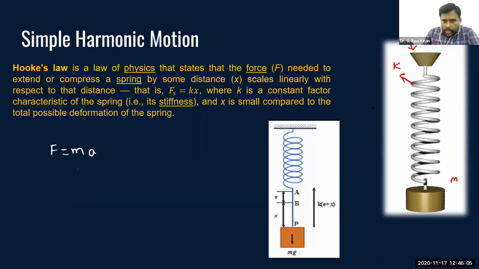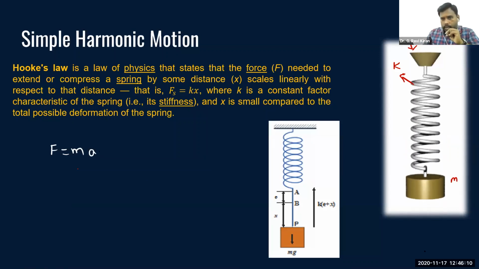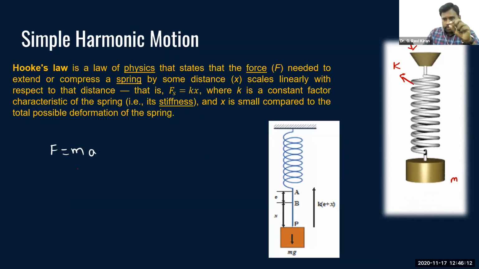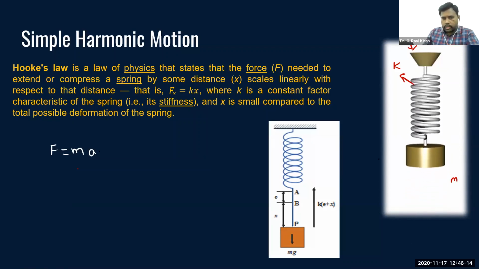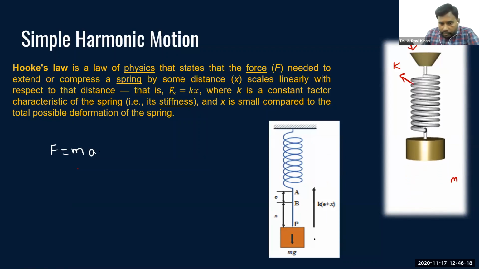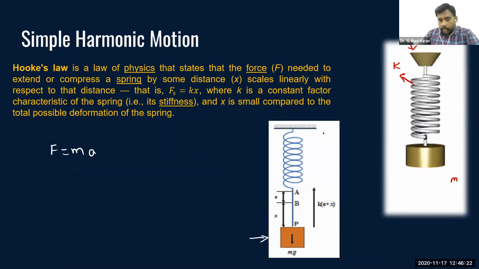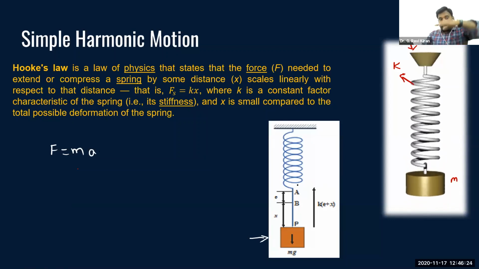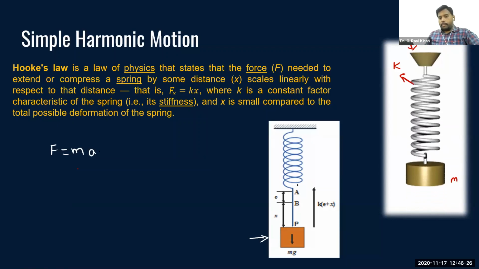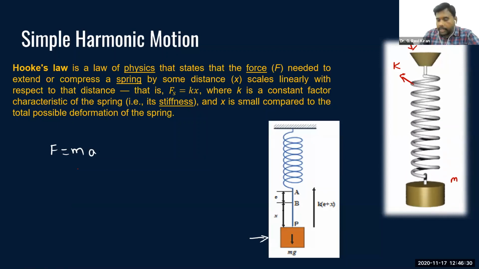Particularly in this system, there are two kinds of forces acting, right? If you take this particular location here, at a particular instant of time, when the body is below the equilibrium position, there will be an elongation of, let us say, x units.